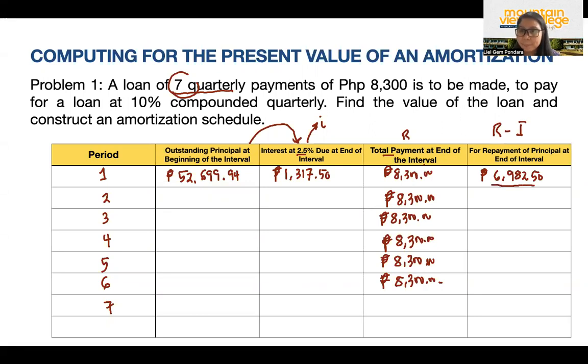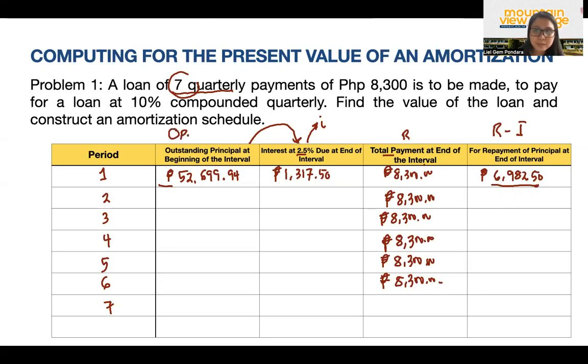This is your payment for your principal. It means this amount will be deducted from your loan. So you go back to your outstanding principal and you subtract the payment for the principal. How to solve for this one?